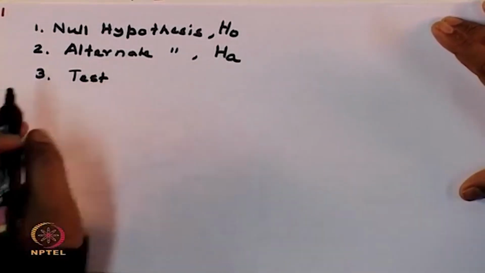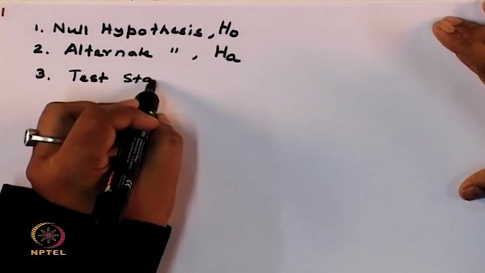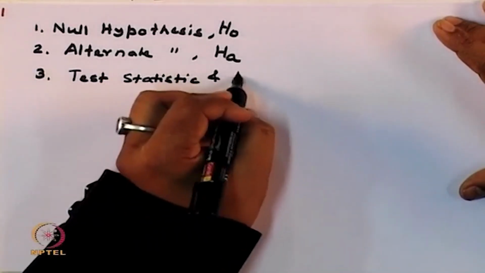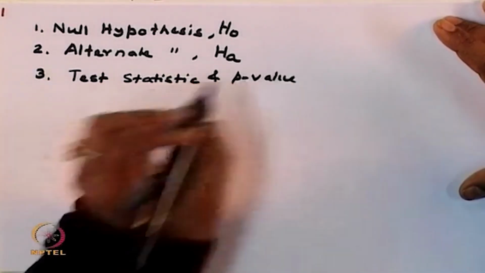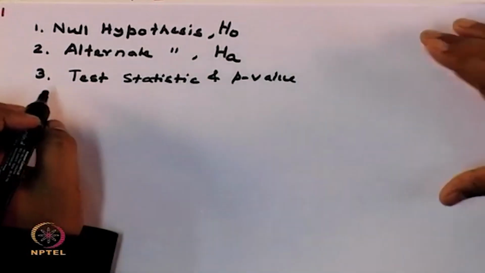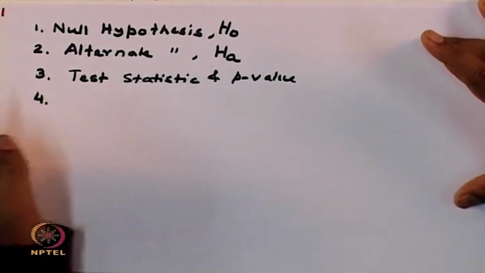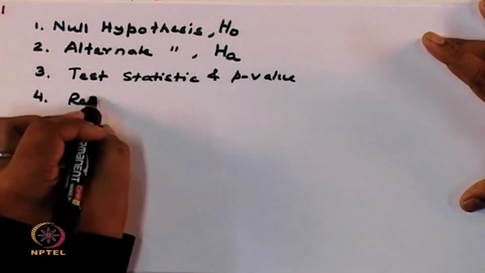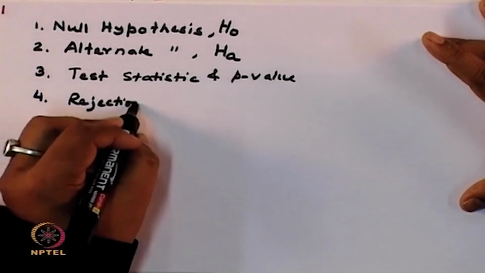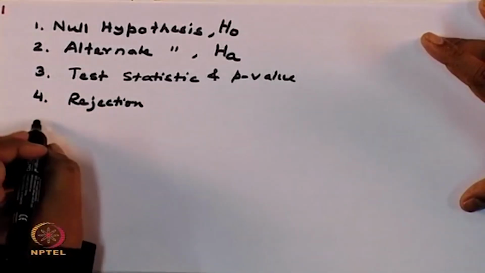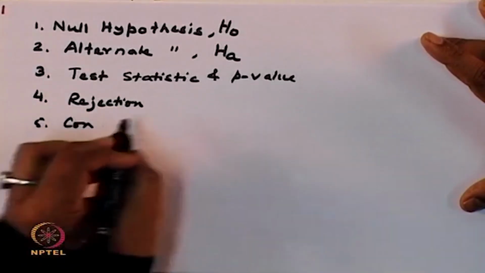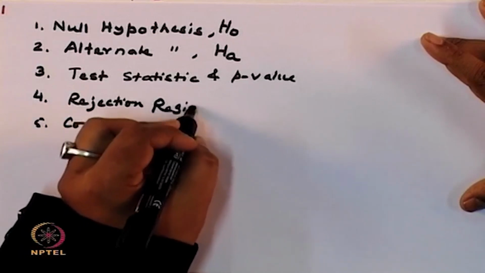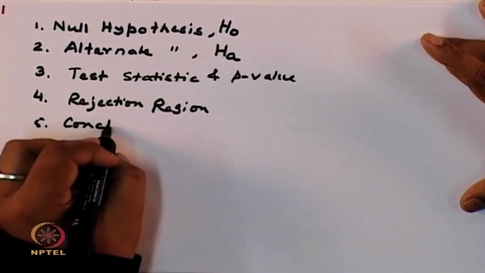You decide based on some test statistic, and a p value which is representative of the confidence you have in measuring this statistic. You have some rejection criteria, or rejection region, and based on this you draw your conclusion.